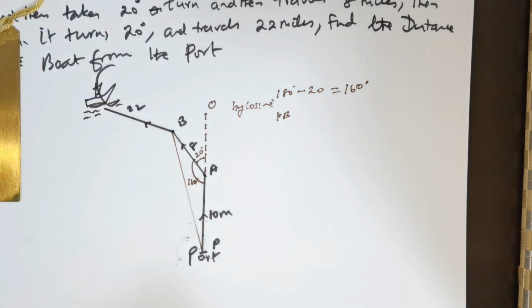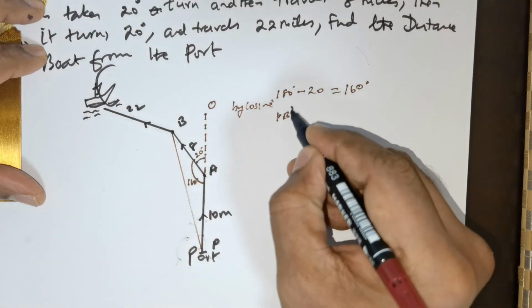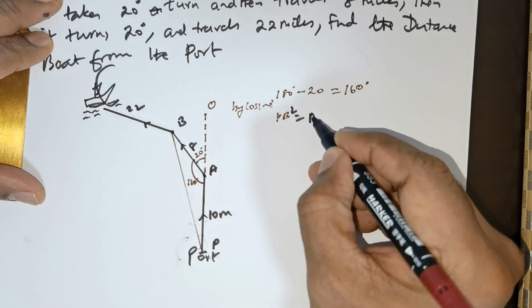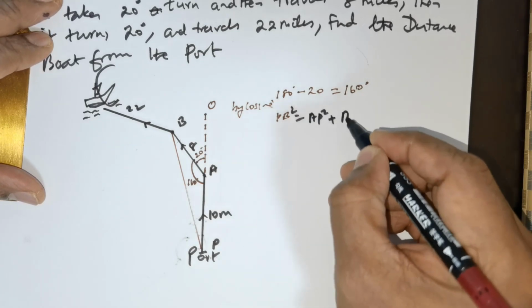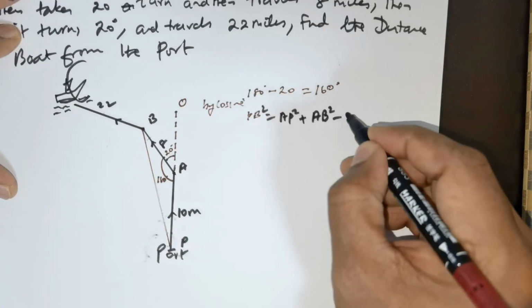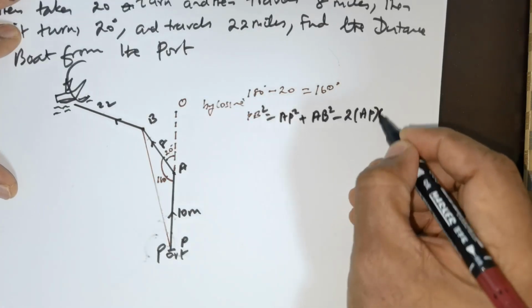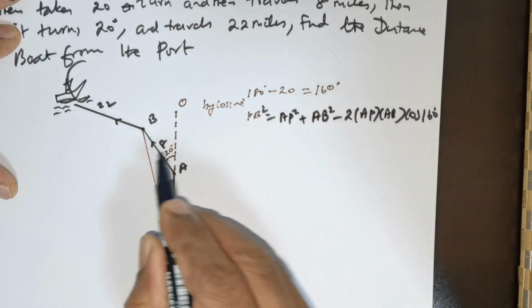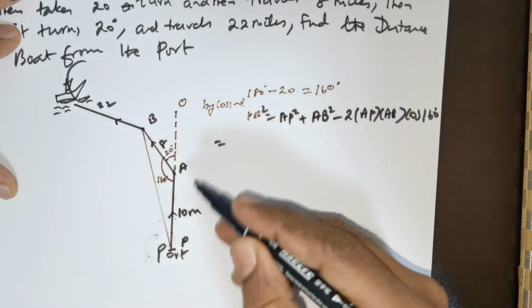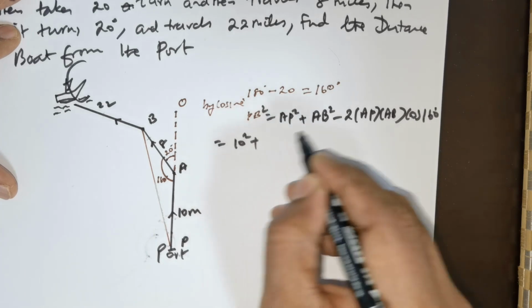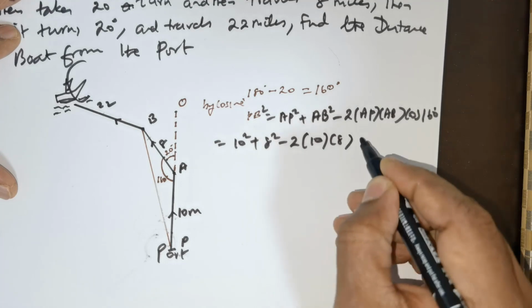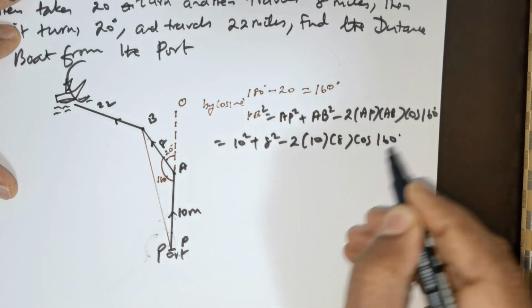I know that PB squared is equal to AP squared plus AB squared minus 2 times AP times AB times cos 160, right? So AP squared is 10 squared, AB squared is 8 squared, 2 times 10 times 8 times cos 160.